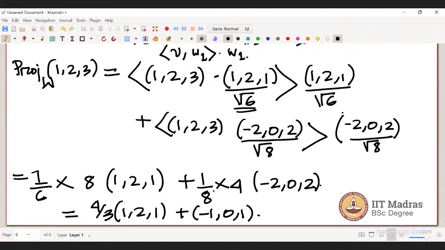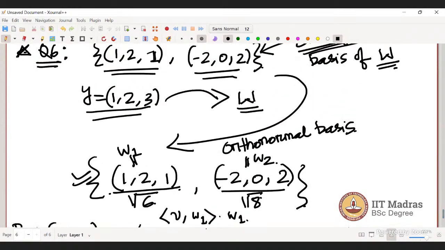And if you add these two vectors, then you will get your projection. So the main thing to get the projection vector is that you have to get an orthonormal basis.